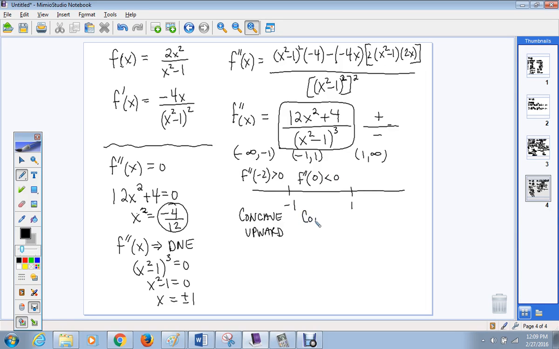So on this interval, we are concave downward. The last interval, I'll choose 2. And again, the numerator is always positive. And then the denominator, we would plug in 2. We'd have 4 minus 1 is 3, 3 cubed. We would get a positive divided by a positive. So we will be concave upward on this interval.